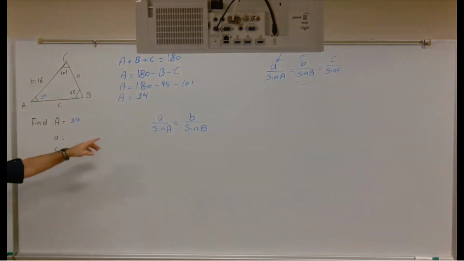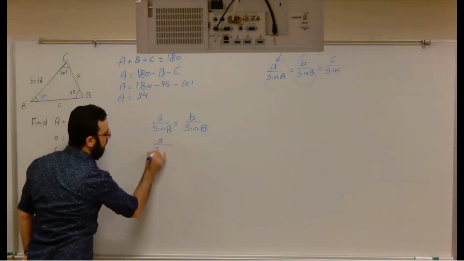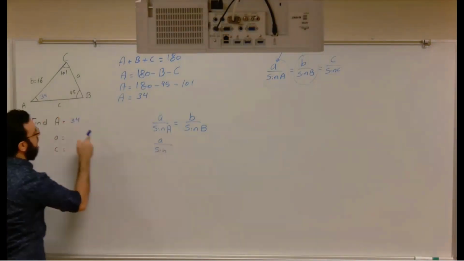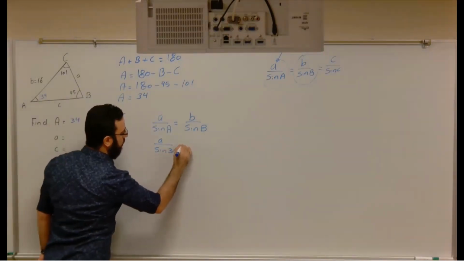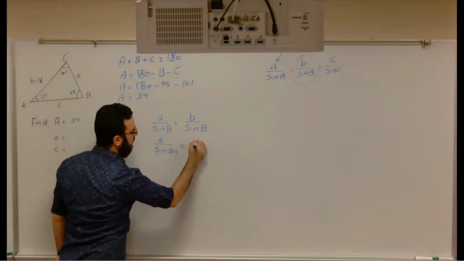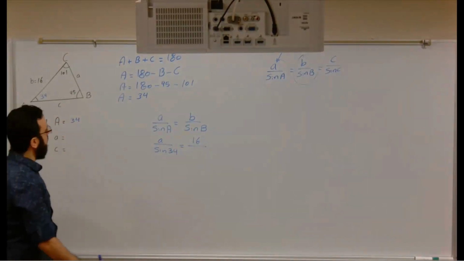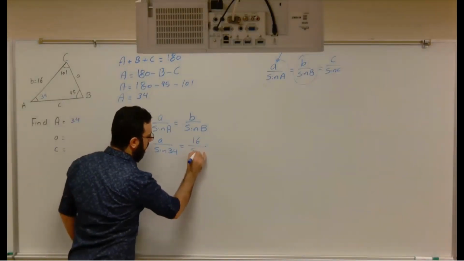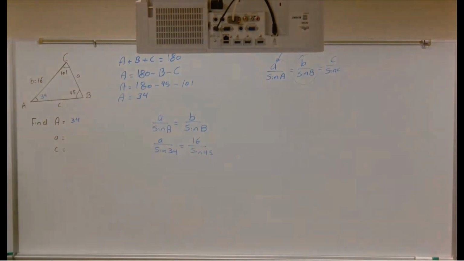No, because I just need to find A. A over sine of the angle A, how much is the angle A? 34. Equals B, which is 16. How much is the angle B? 45. Sine 45.